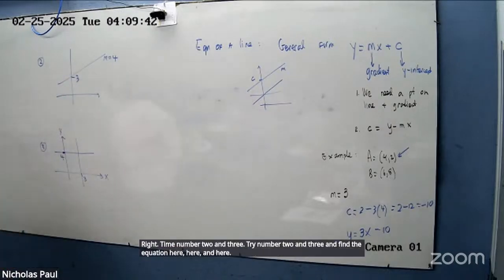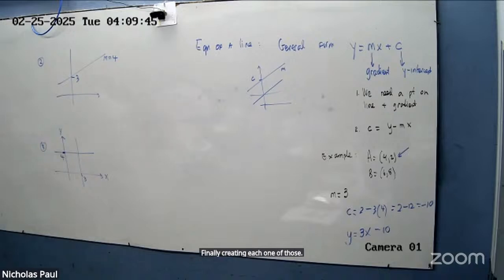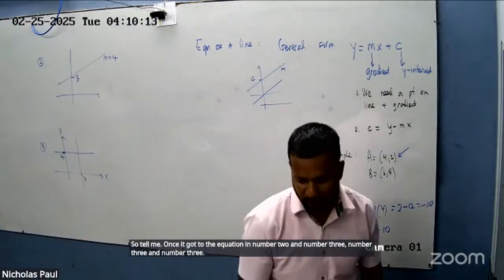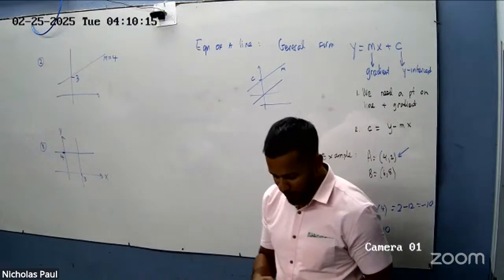Find the equation of each one of those. Right, so tell me what you got for the equation in number 2 and number 3. One of them easy, one of them hard.